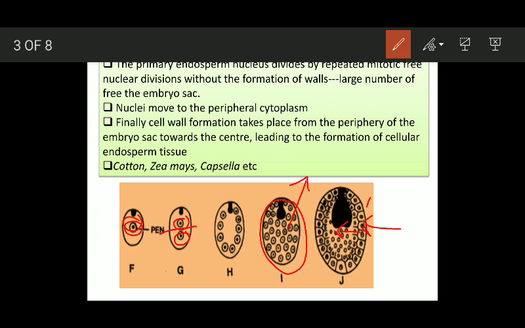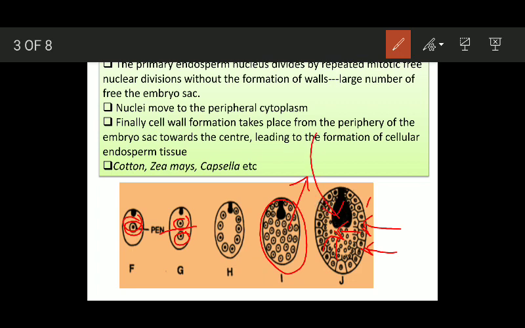The free nuclei move towards the periphery, and finally cell wall formation occurs first towards the periphery, and this proceeds towards the center, and ultimately the whole endosperm tissue becomes cellular.